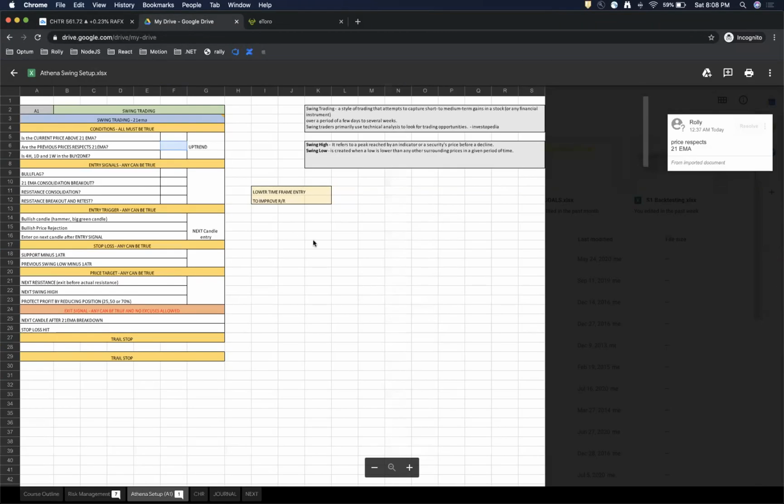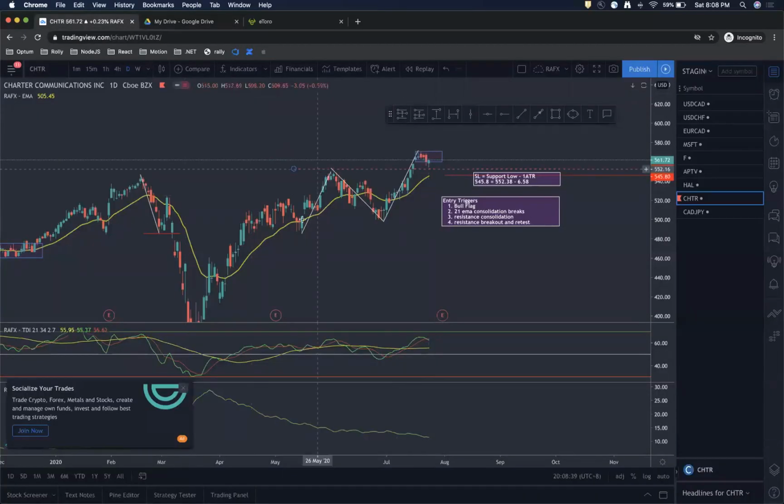Next condition, are the previous prices respects 21 EMA? Okay? Previous price. So kung mapapansin mo, mostly sa kanila is nire-respect yung 21 EMA. Right? Lumampas siya, but you will notice na hindi siya ganon kalaki yung baba niya sa trend.